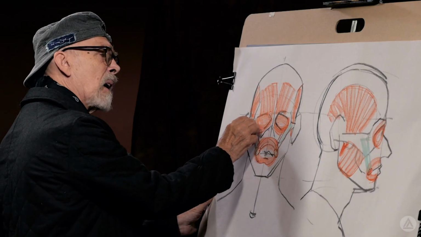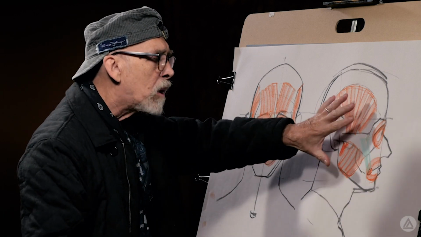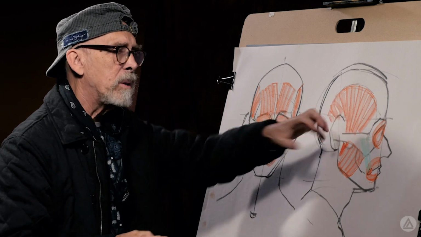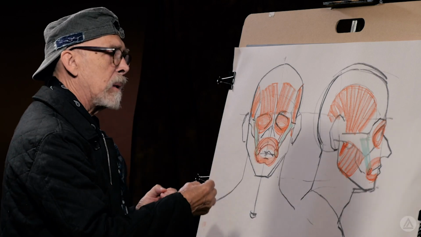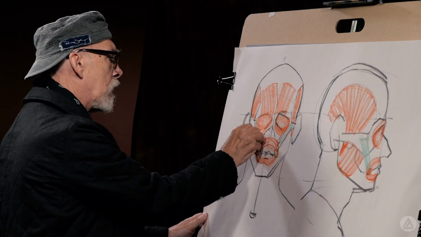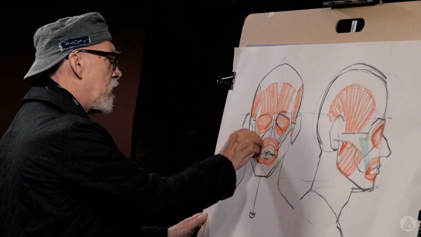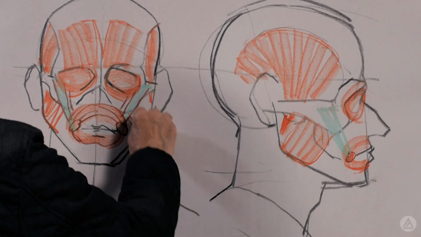This is another large, powerful muscle that works in concert with the temporalis to close the jaw, to chew, and move the mouth. So from the side, it comes about halfway down the jaw, like this.